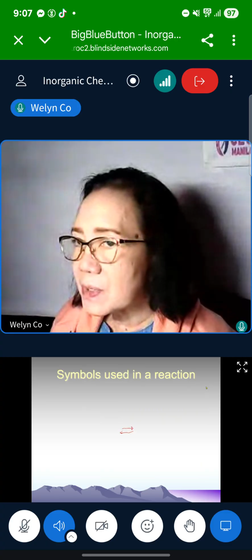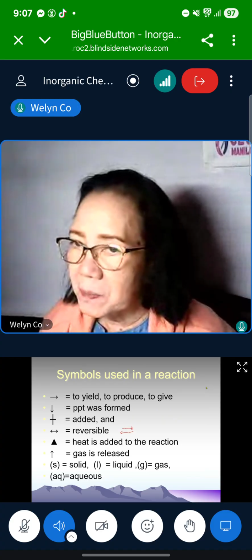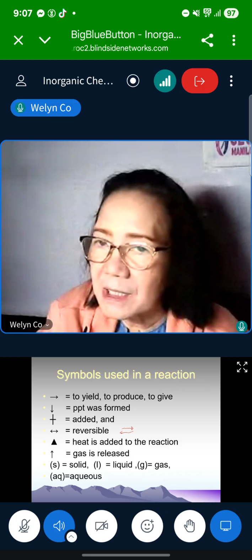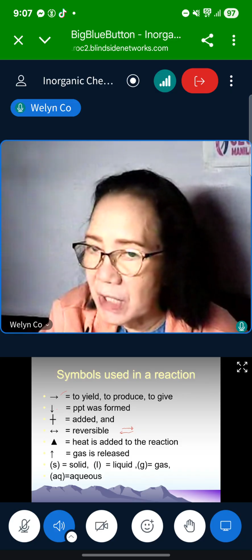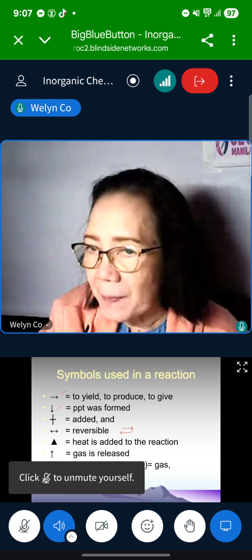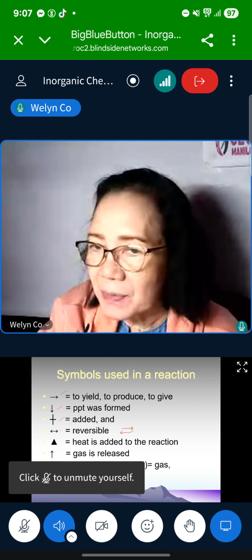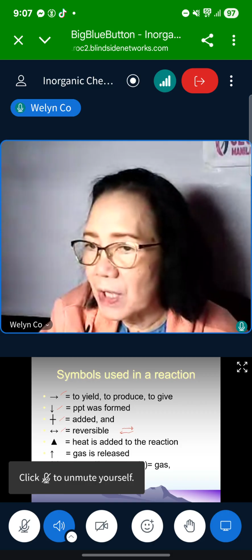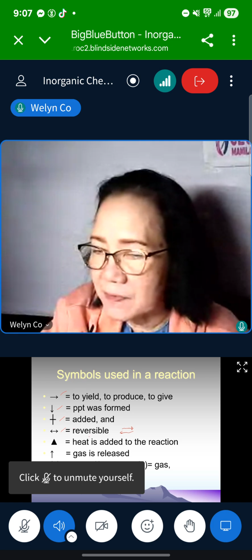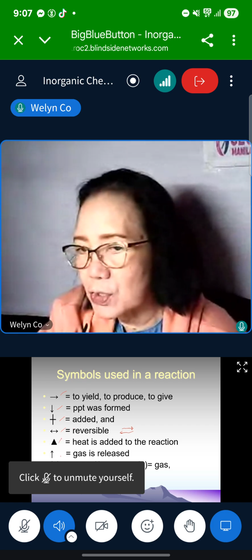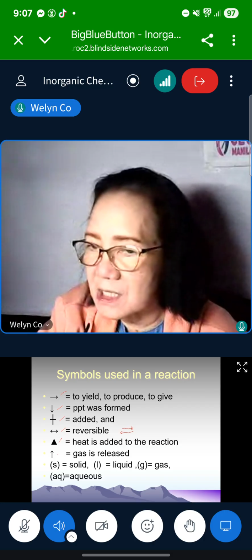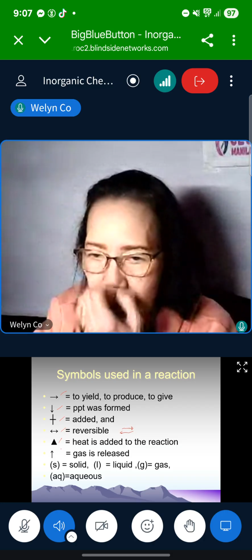Then you have the symbols also in a chemical reaction as of this, the arrow towards the right, you have the arrow down for precipitate. Last, for reversible reaction, you have the double arrow towards the right and to the left. You have the delta, that's the impression wherein the addition of energy to the system or to the reaction.